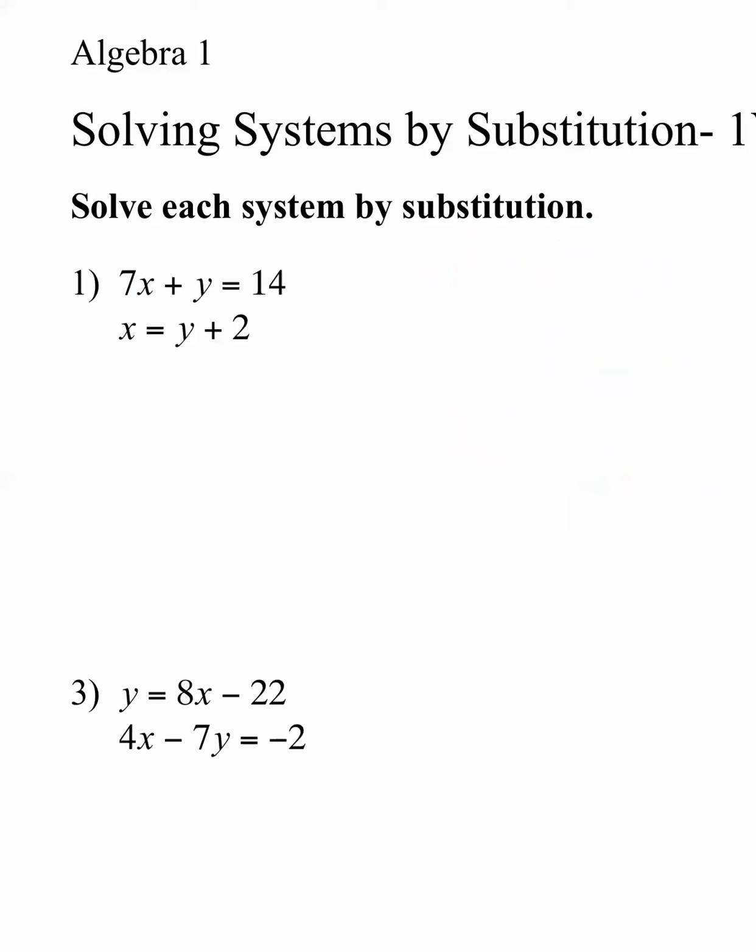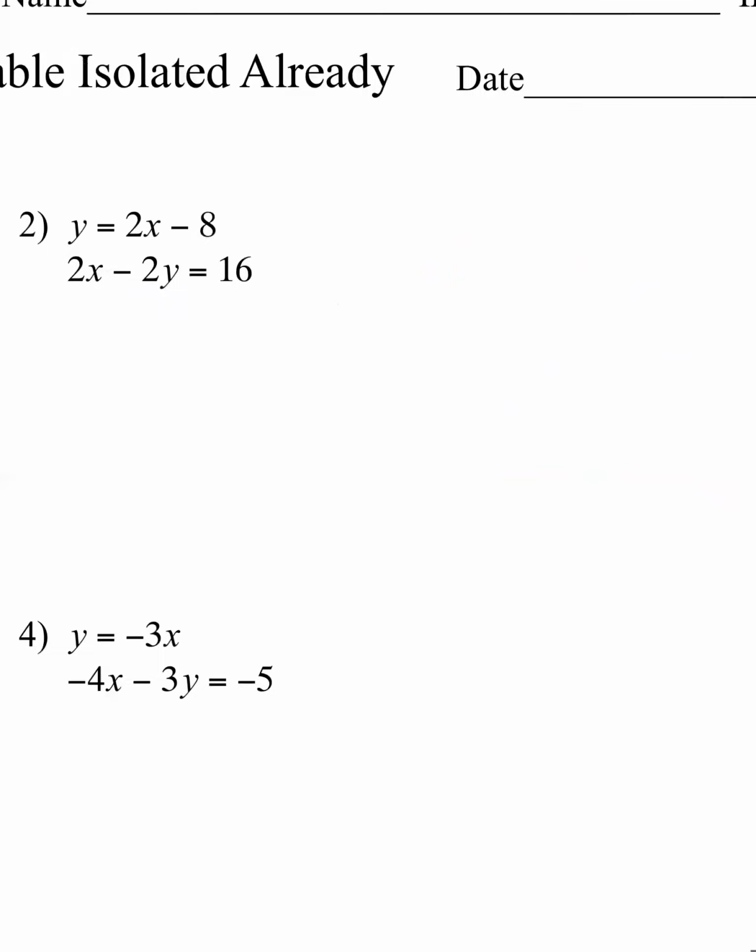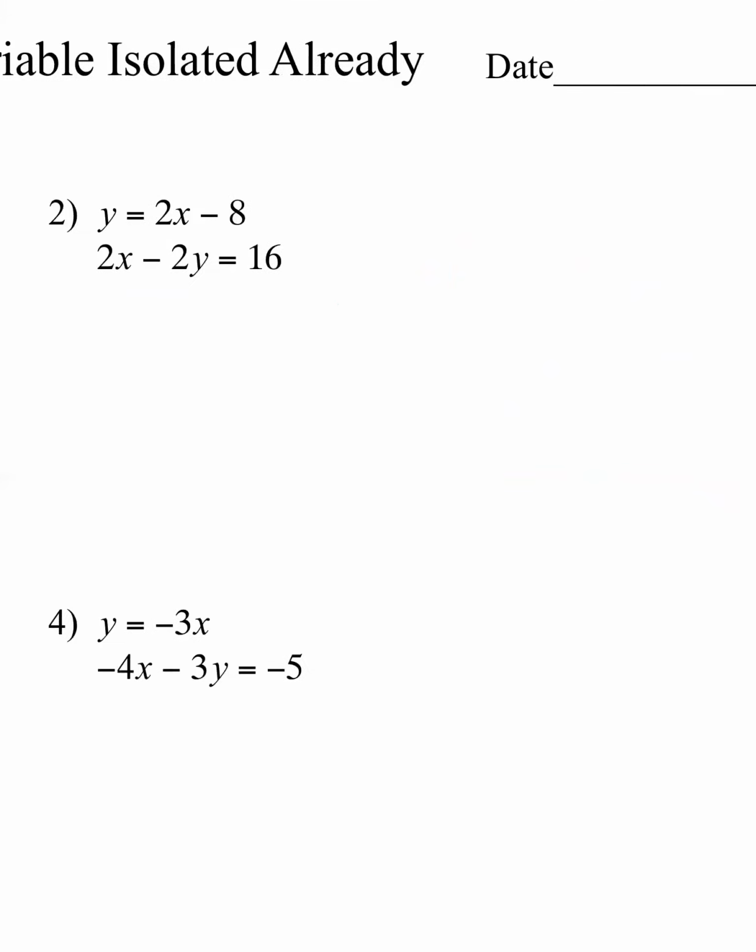All right, let's take a look at the second one. So this time, the top equation has y already isolated, and the bottom one has 2x minus 2y equals 16. So I'm going to take what y is equal to, and go into the other equation, and I'm replacing y with whatever is in that box, right?